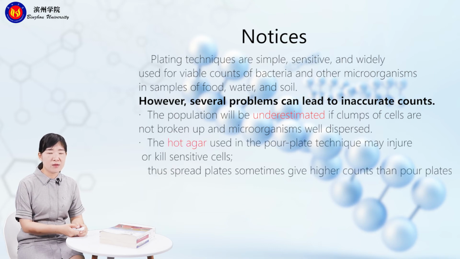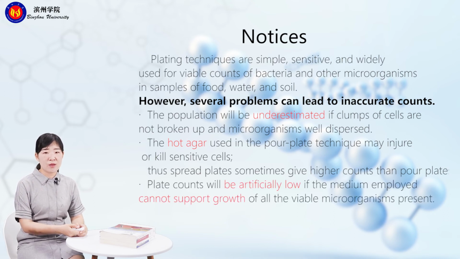The hot agar used in the pour plate technique may injure or kill sensitive cells. Thus, spread plates sometimes give higher counts than pour plates. Plate counts will be artificially low if the media employed cannot support growth of all the viable microorganisms present.